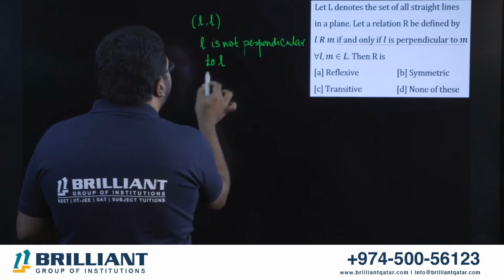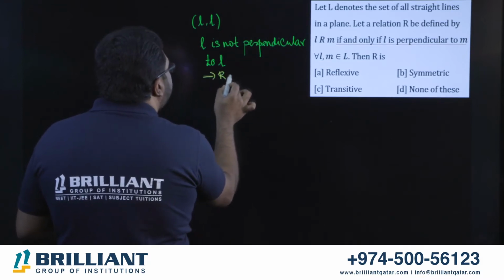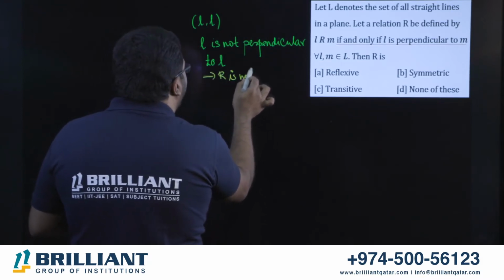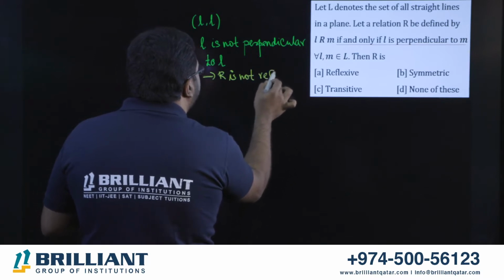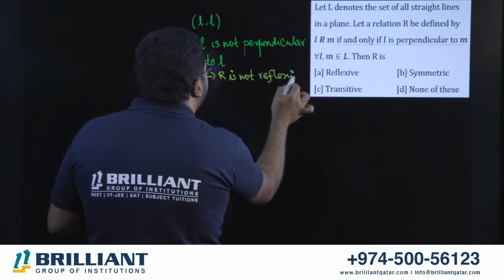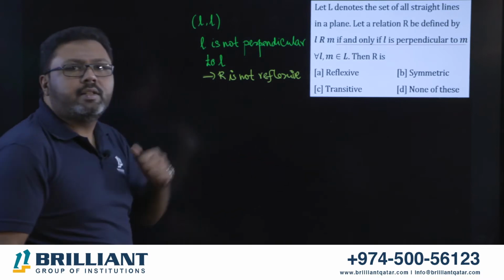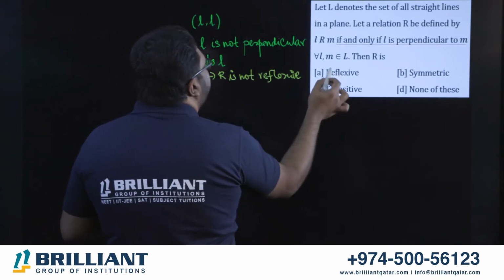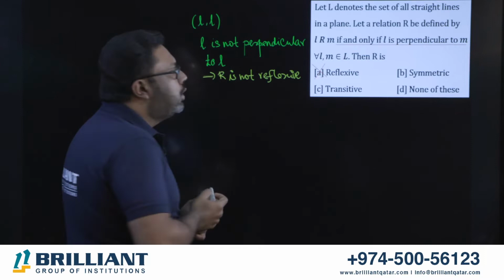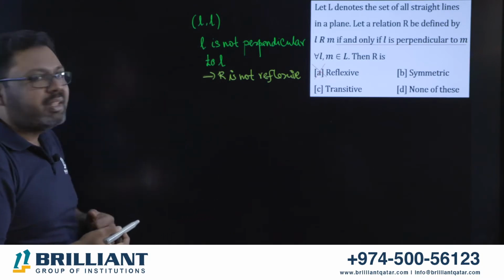So can I conclude that R is not reflexive? Can everybody understand that R is not reflexive? So obviously option A is wrong. Let's try symmetric now.